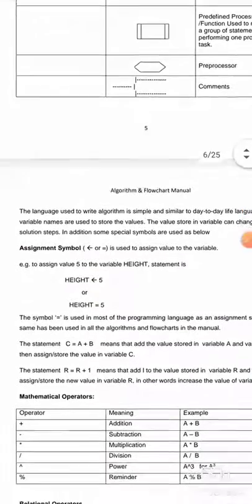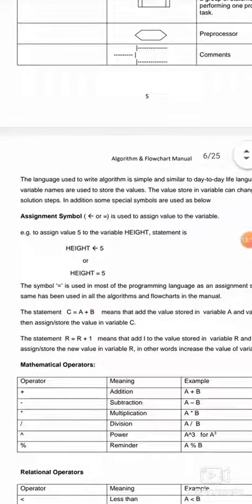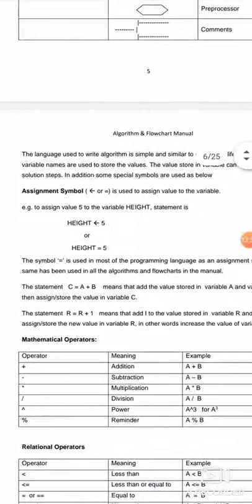Now moving on, let us understand a few more things here. Assignment symbol, so we can take these assignment symbols here. You can see the arrow marks or equals to, for example, when you want to assign a value. Imagine height is a variable here, the value of height is, for example, 5 feet. So the value assigned here is 5. Generally we write height is equals to 5.